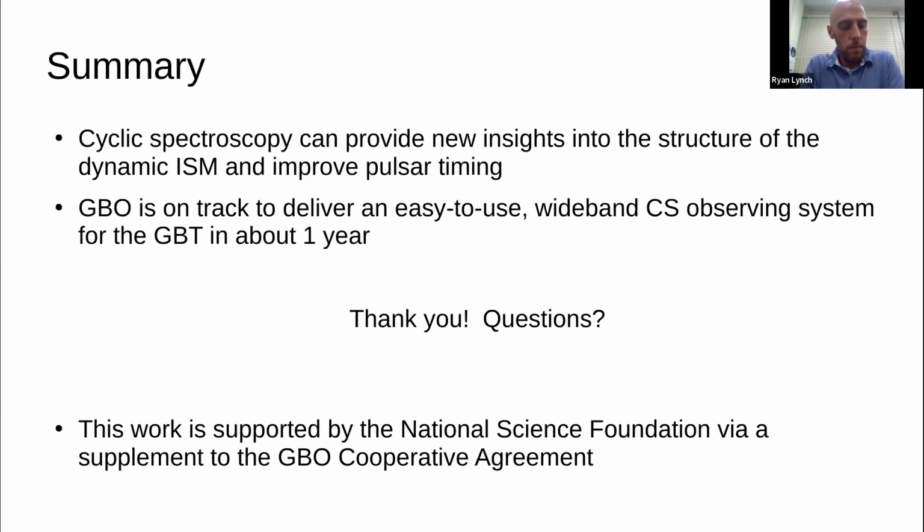Great. Another question, would cyclic spectroscopy be useful for studying giant pulses? Yeah, so one of the things about cyclic spectroscopy is you're getting the high resolution in pulse phase, but you're still accumulating data from many different rotations into different pulse phase bins.